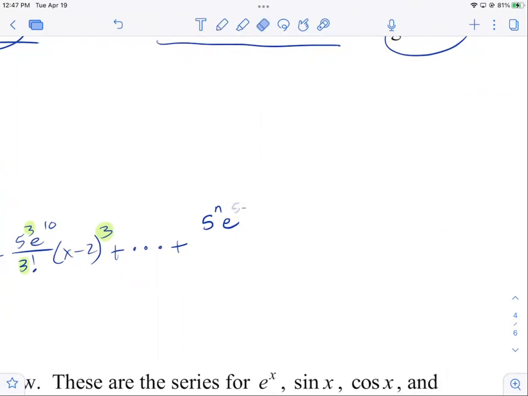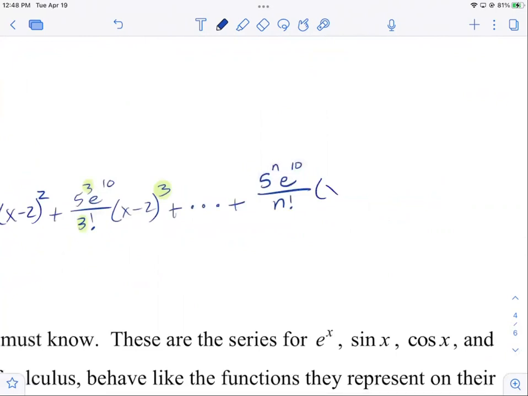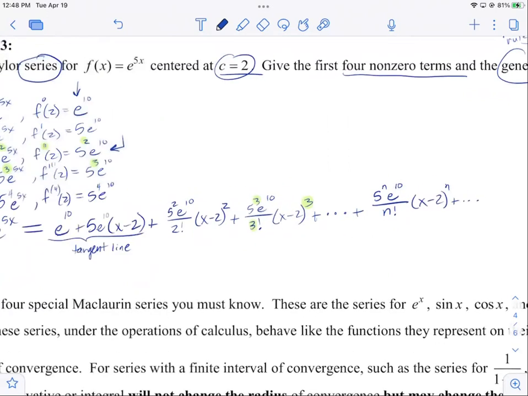No, it's the e to the 10th every time. My bad. It's e to the 10th every time, all over n factorial, times x minus 2 to the nth, and then plus dot, dot, dot. There we go. Does that work?